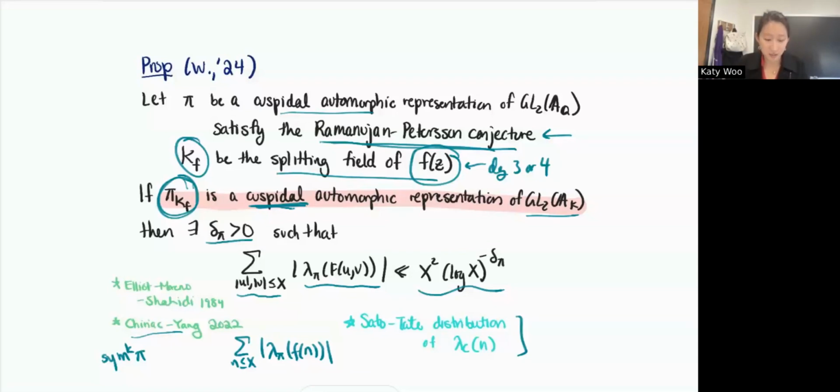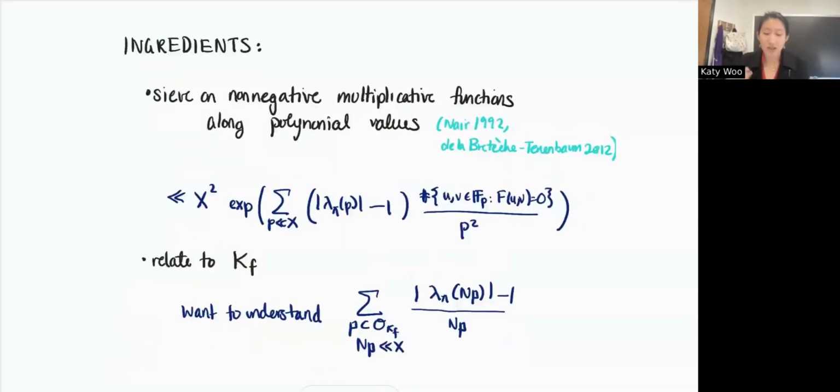Okay, so the last thing I wanted to do was just kind of skim through some ingredients that went into the proof of this proposition. So some ingredients are: first, use a sieve on non-negative multiplicative functions along polynomial values, because we know that the absolute value of the Fourier coefficient of the cusp form is a non-negative multiplicative function.